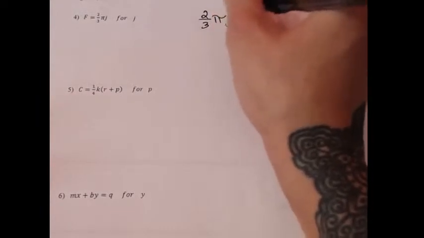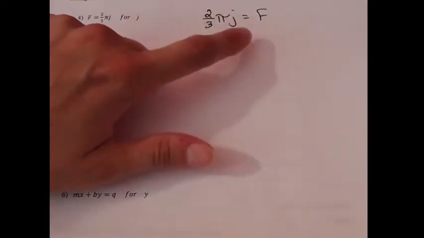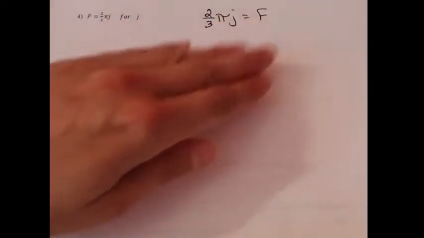I could easily say, oh, that's the same as 2/3 pi j is equal to f, right? We still have to isolate j. And just for you, Doc, I'm actually going to work on this equation. Even though, like I said, they're exactly identical, I want to show you that it doesn't really matter which side you're working from, so long as your goal is to isolate the indicated variable.